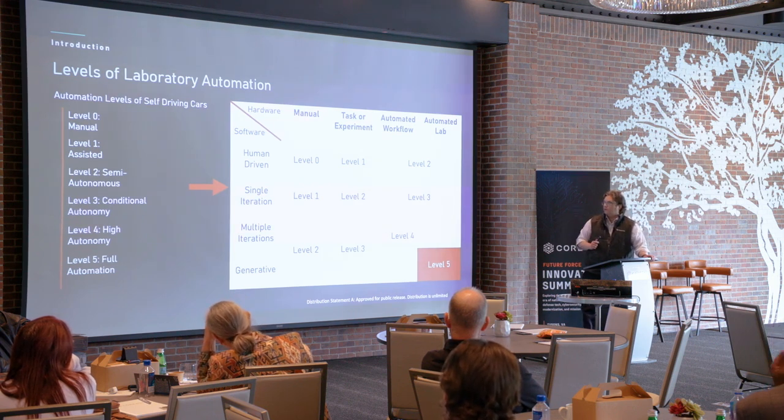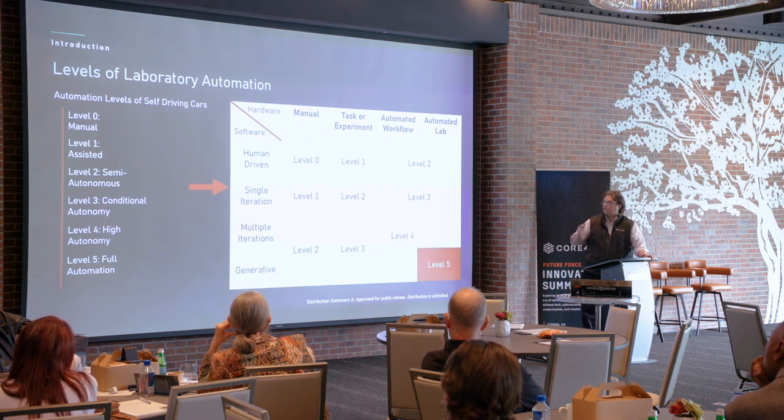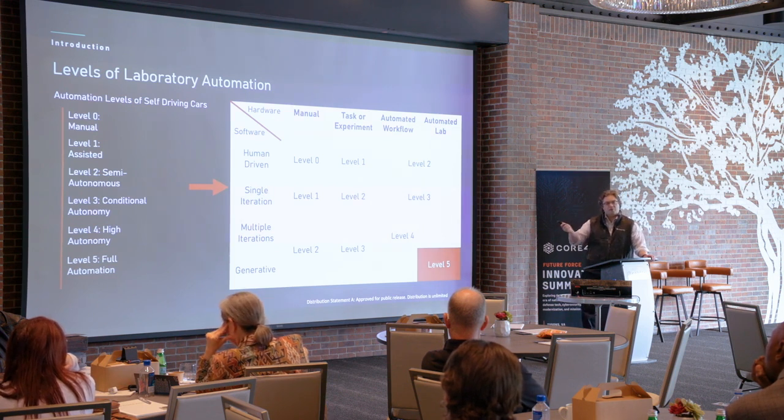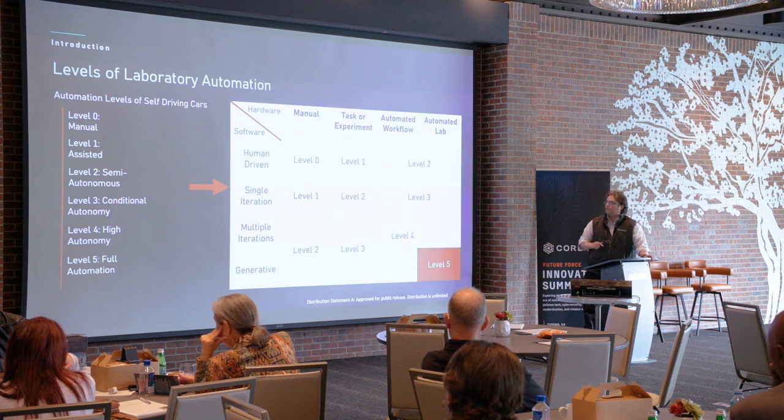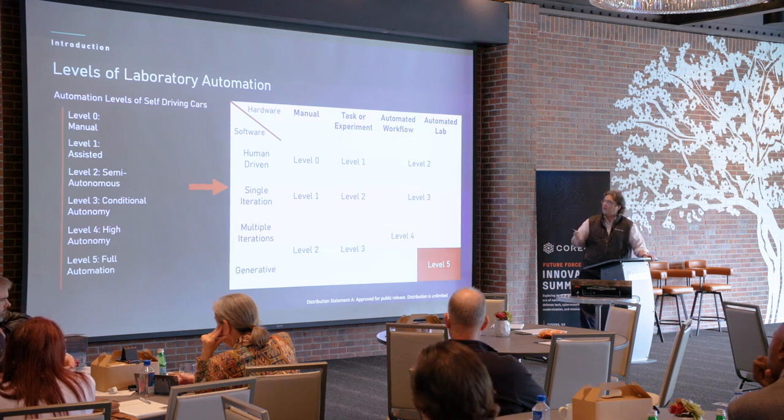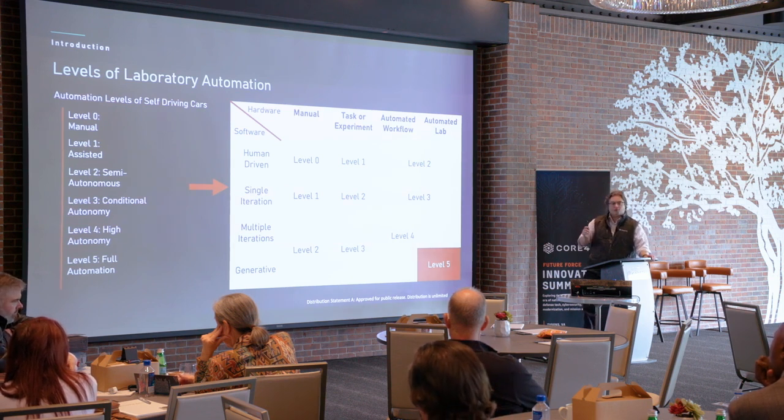We have our level 0 through level 5, but it's broken up into 2 sections. We have our hardware and we have our software side, where we start off with the human or researcher performing experiments. They're handling the samples, they're handling the tools, they're doing all that sort of thing. Then we start to automate specific tasks in the experimental setup.